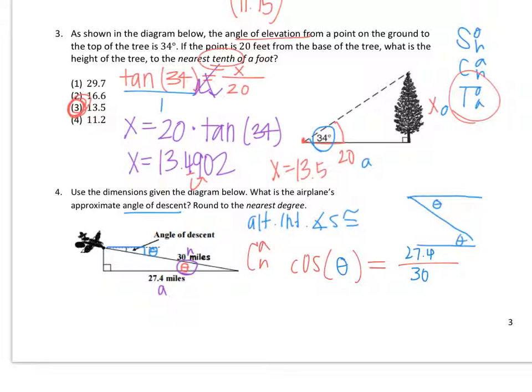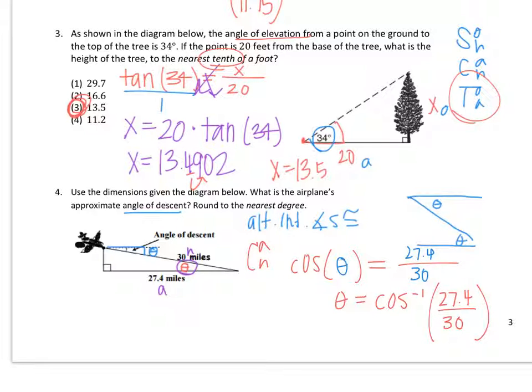Alright, so I have cosine of theta equals 27.4 over 30. And in order to solve for theta, remember we take theta outside, we bring cosine to the other side while applying the inverse. So theta equals inverse cosine of 27.4 over 30. Go ahead and type that in your calculator.